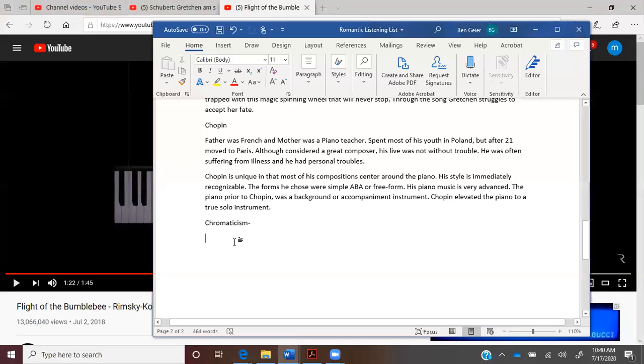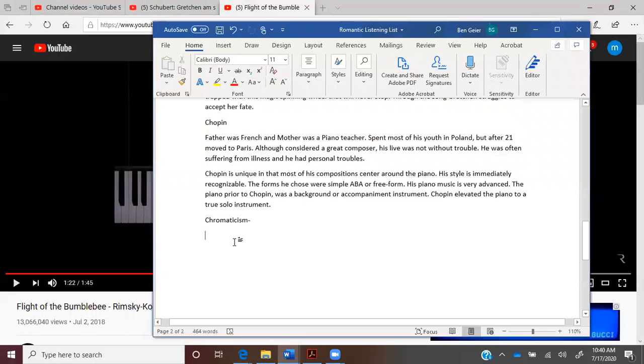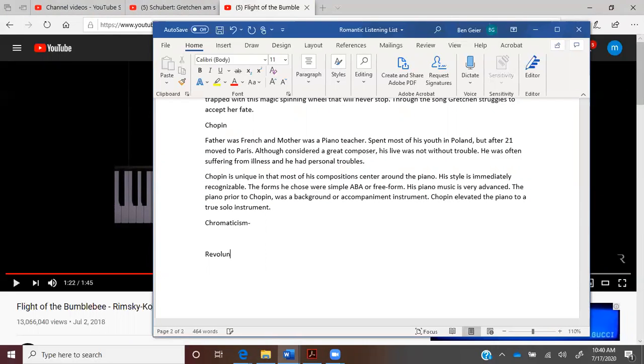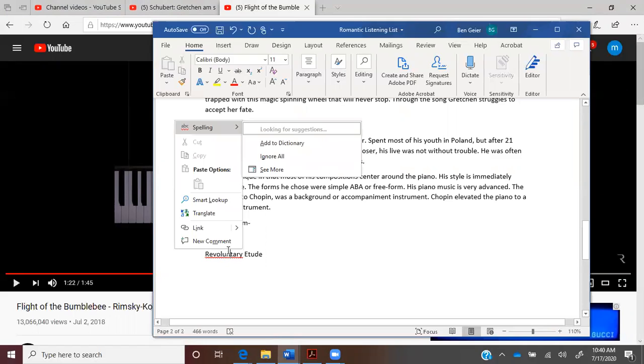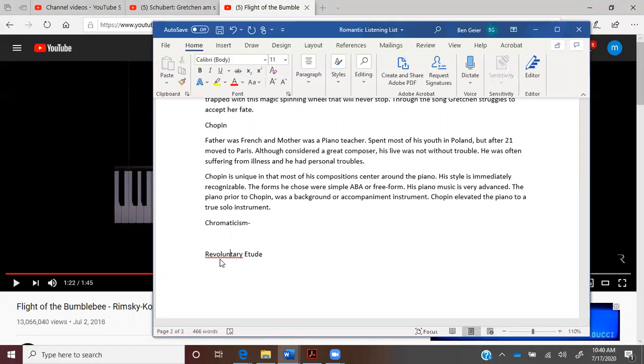All right, so we had talked about chromaticism a little bit. So we have the revolutionary etude. We said it was ABA.